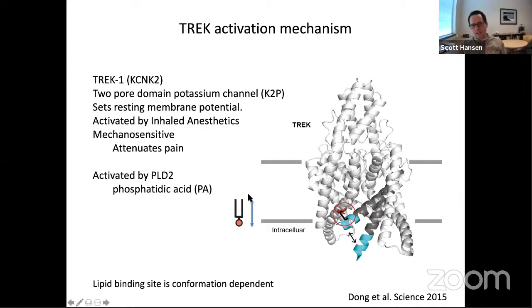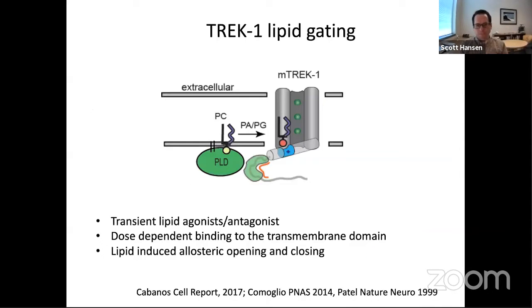And the way it's activated is that the product of PLD, phosphatidic acid, binds. This is a 3D structural representation, or crystal structures of the atomic structure in active and inactive states. This helix moves up and down, and this lipid influences the helix moving up and down. I'm not going to go into detail exactly how it's activated, but more or less that's the situation for activating TREK.